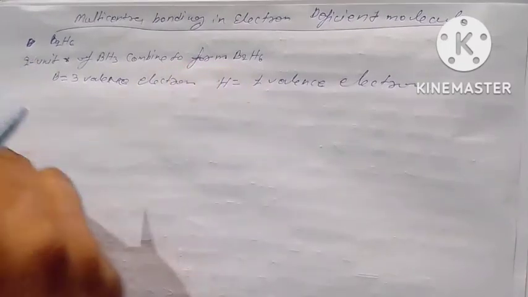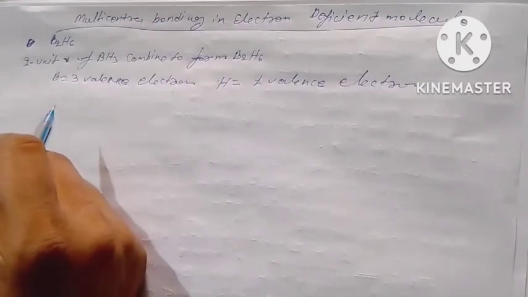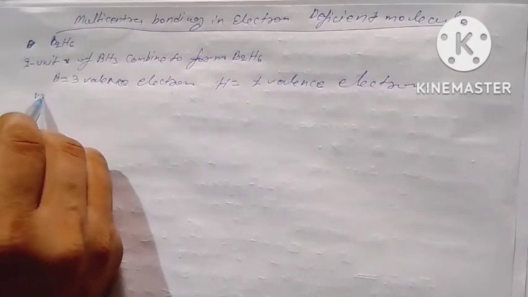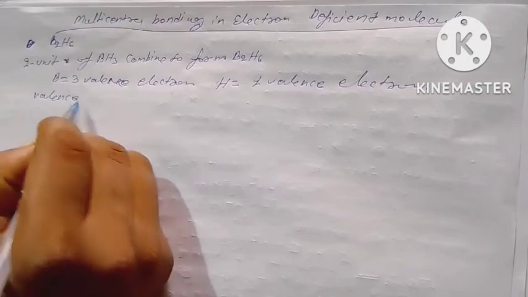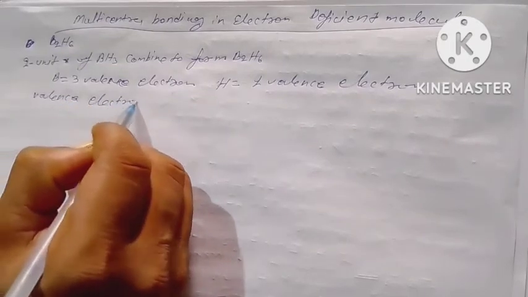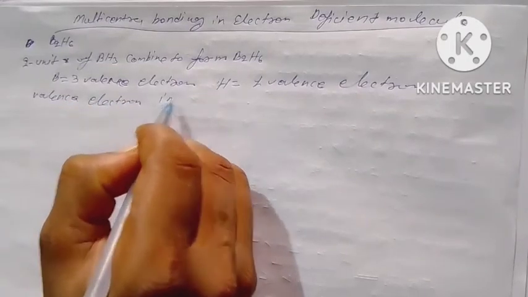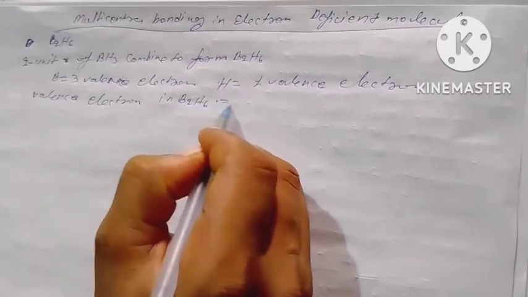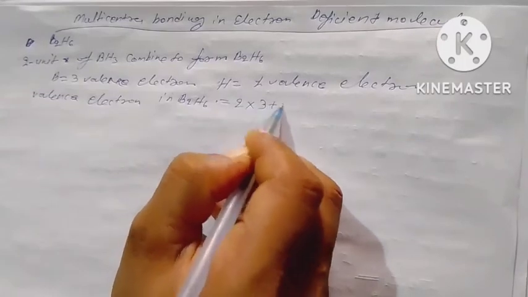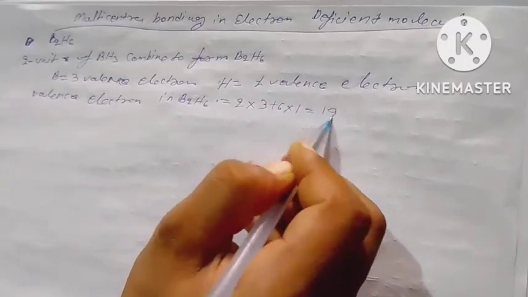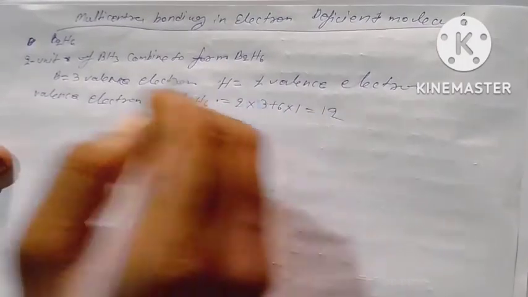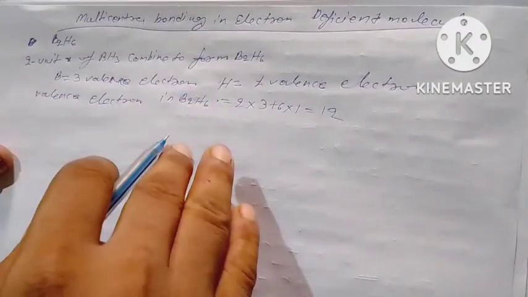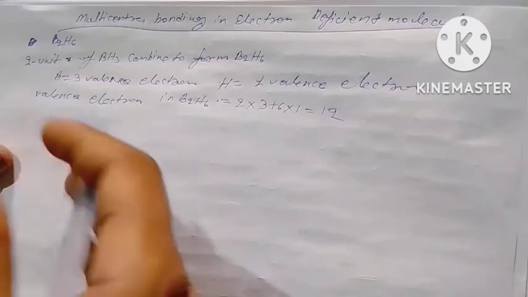Thus 12 valence electrons are present in diborane molecule: 2 multiply 3 plus 6 multiply 1 equal to 12. These 12 valence electrons are sufficient to form 6 bonds, but actually B2H6 has 8 bonds.